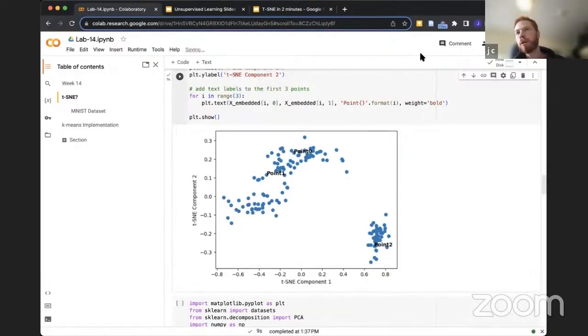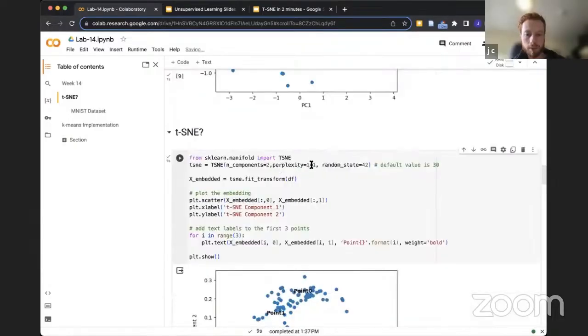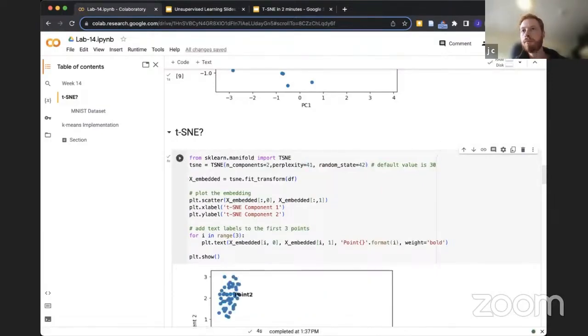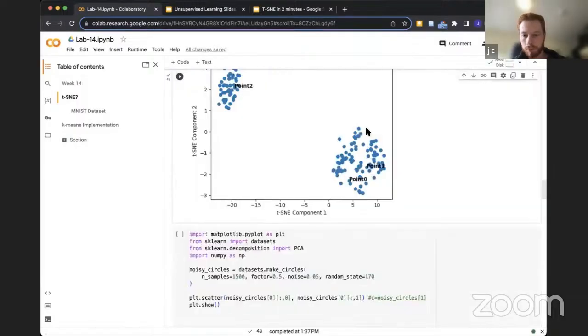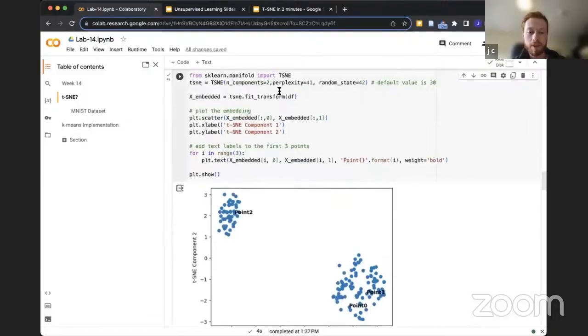What else do we have? 20, that looks very similar. 41, let's try 41. Yes, 11. 11 is interesting, right? Let's look at 11.